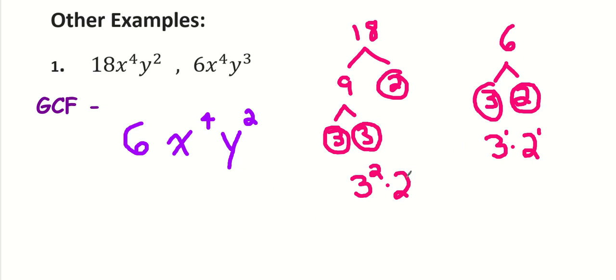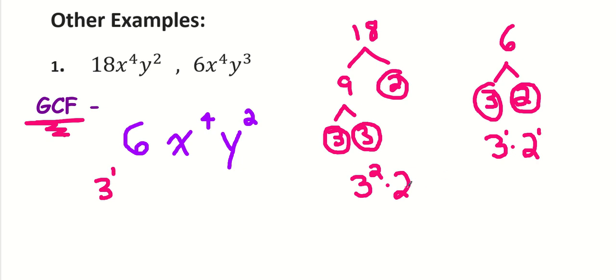So now that we have it written as a prime factorization, we can compare 3's and 2's just like we were comparing x's and y's. So 3 to the 2nd power and 3 to the 1st power. Now here in these examples, we're trying to do greatest common factor, so we're going with the smallest one. So 3 to the 2nd compared with 3 to the 1st, we're going with 3 to the 1st.